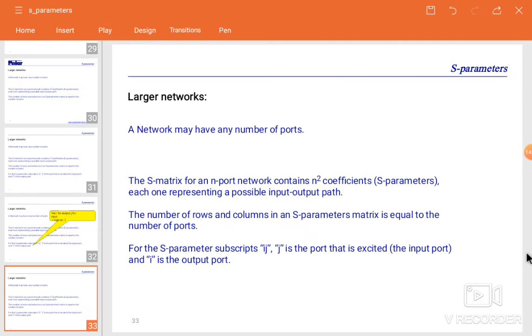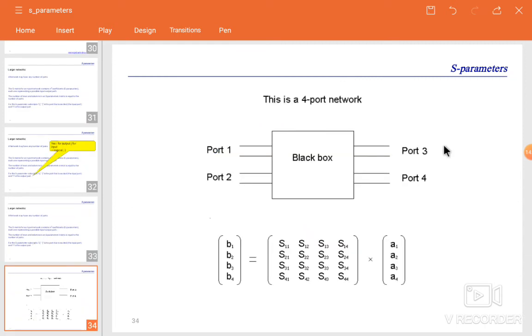So the network may have any number of ports. So if we consider a 4-port network, the matrix is written like this.